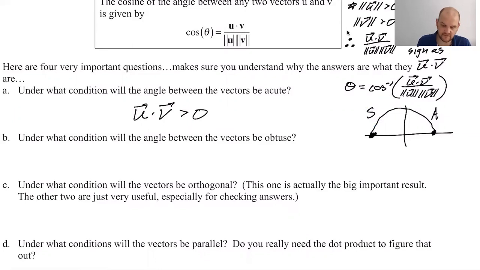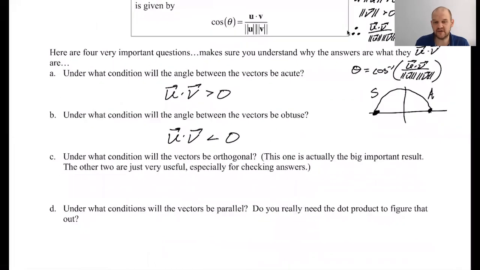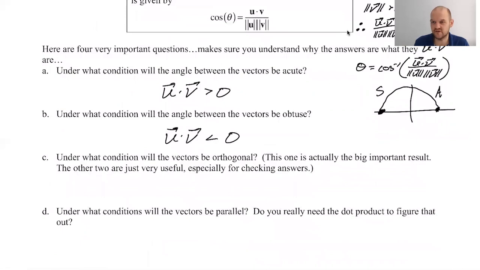If the angle is obtuse, you did the inverse cosine of a negative, and the only way that can happen is if the dot product is negative.